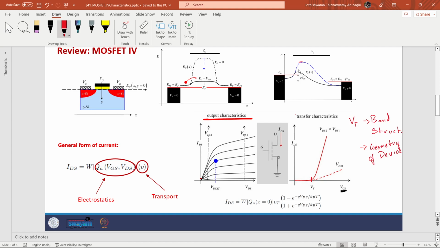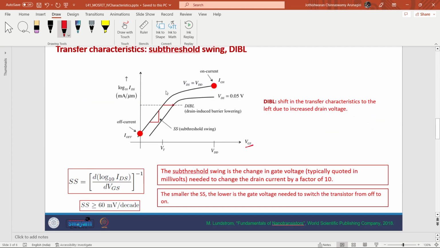So what DIBL will actually do is increase the current. Now, increase the current with respect to what? That is what we can see in this graph here.